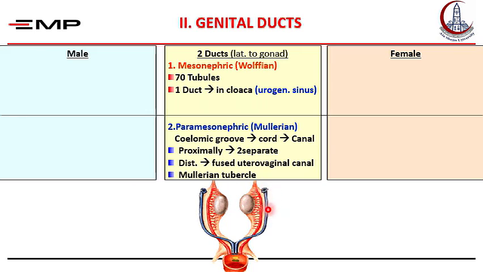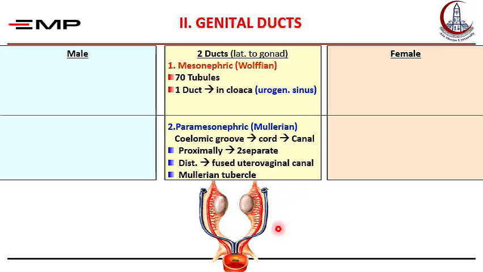From its caudal end, a solid cord develops behind the coelom or the peritoneum, curves medially in front of the mesonephric duct, then curves and descends caudally close to its fellow of the opposite side, where they unite together to form what is called uterovaginal canal that bulges in the back of the urogenital sinus, making what's called Muller's tubercle or Mullerian tubercle.